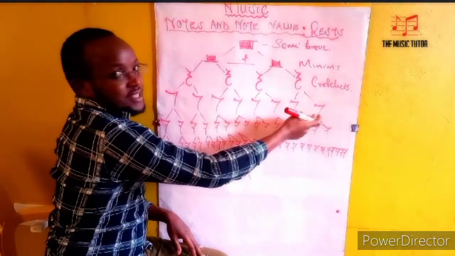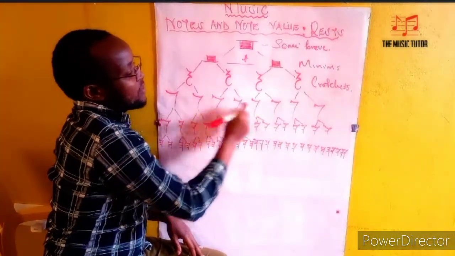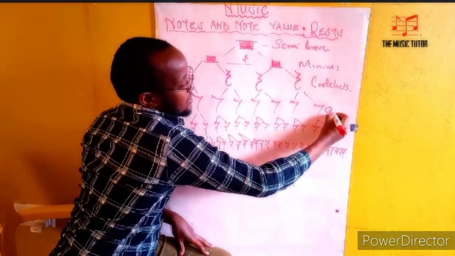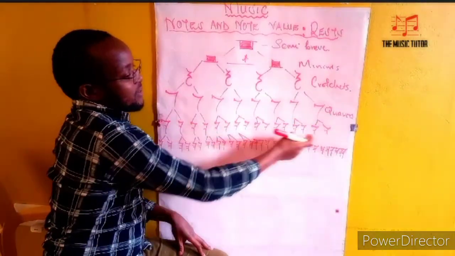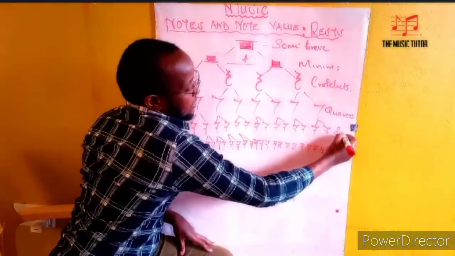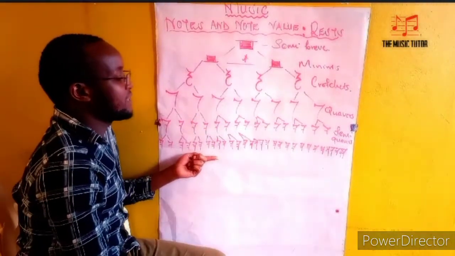These are quavers. 8 quaver rests make up the semi-breve, so these are quavers. And these are semiquavers. 16 semiquavers make up the semi-breve. And these are semi-demiquavers.